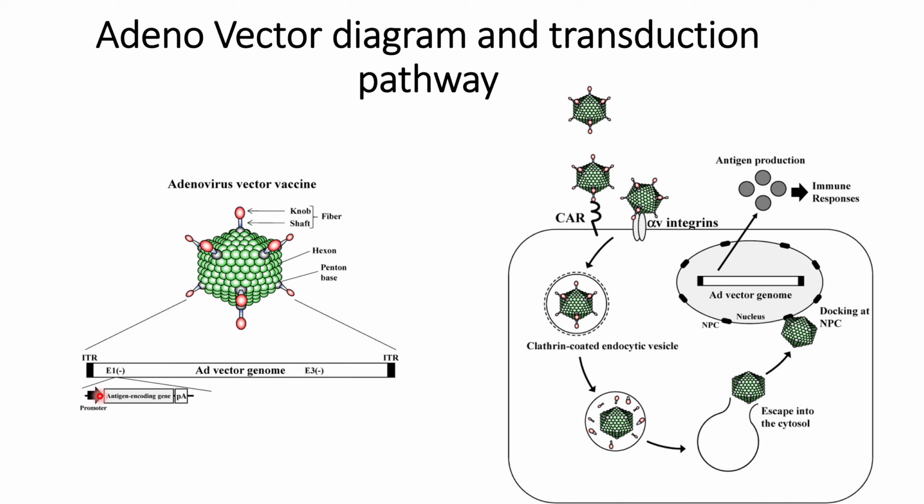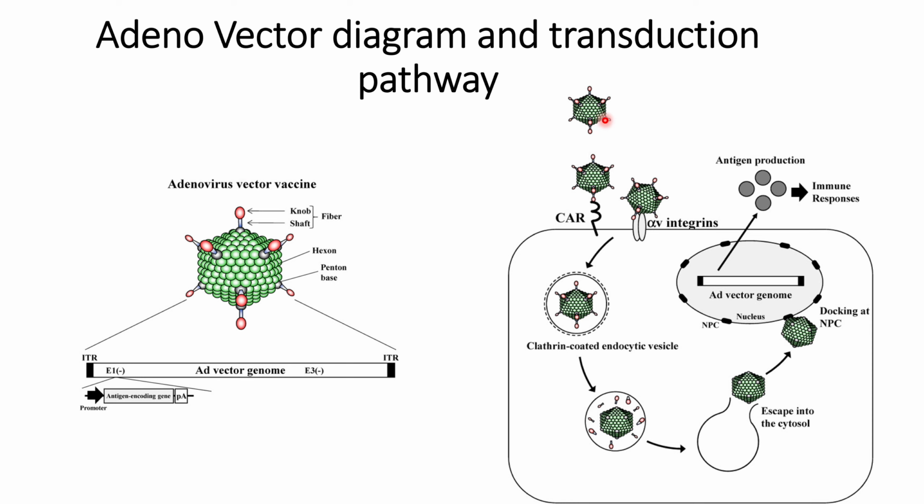It contains the promoter and the antigen encoding gene, and thereafter the poly-A tail to stabilize this antigen's RNA formation. In the end it also contains the ITR, the inverted terminal repeats, not region, inverted terminal repeats. This ITR is essential as it will determine the shelf life of these adenovirus vector vaccines.